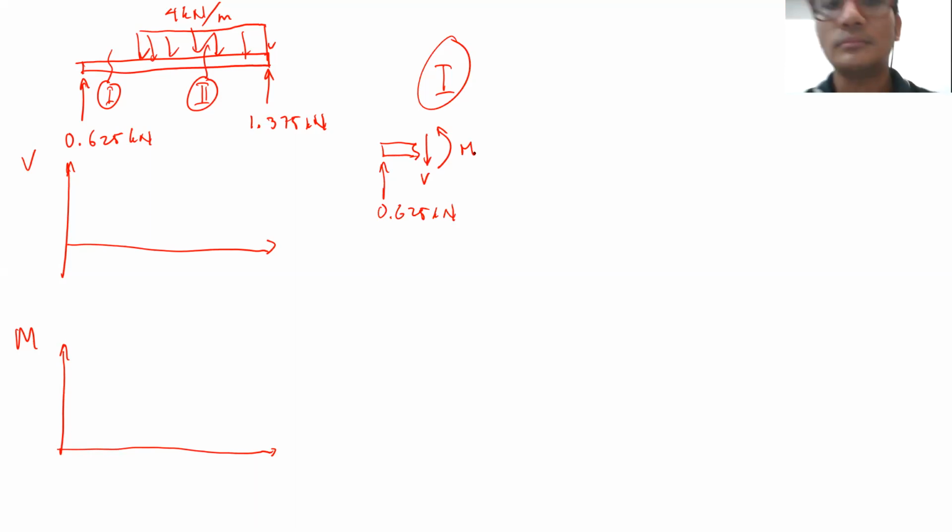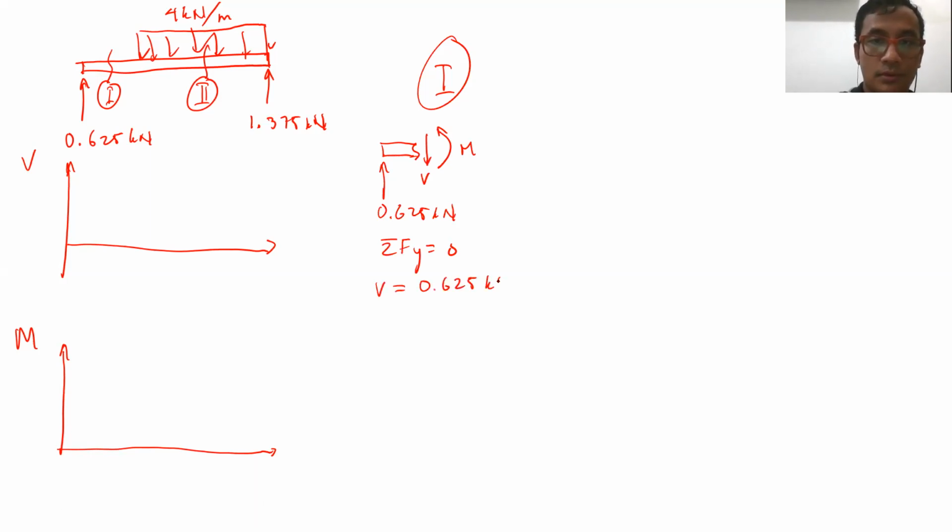Let me think first. Now using sigma Fy equal to 0, we can calculate that V is equal to 0.625 kilonewton. Then after that, using sigma moment, and the distance here is supposed to be x, okay?